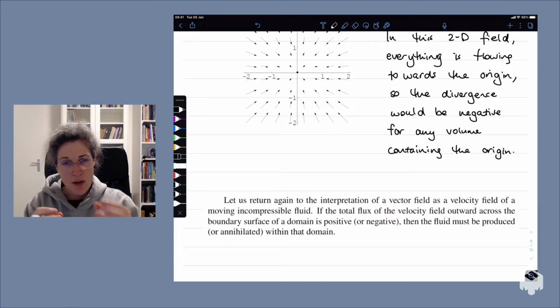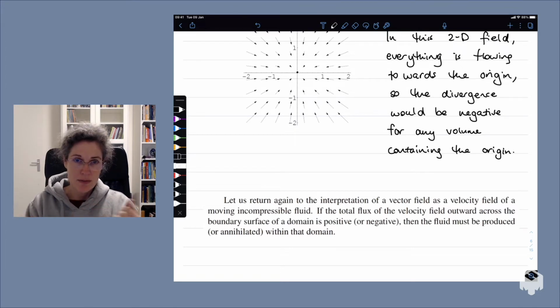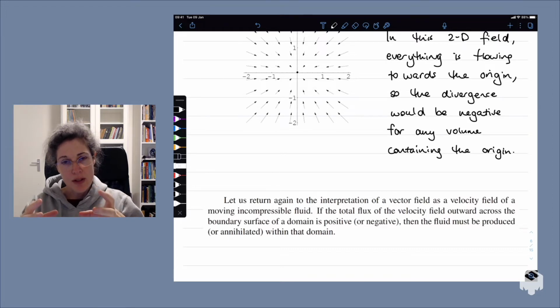On the other hand, if we look at a particular region and we see that the divergence is negative, then we know that stuff is being annihilated there. And if our divergence is 0, it just means whatever goes in comes out. Okay, so that's the intuition that you want to have for divergence. It's measuring sources and sinks of whatever your vector field is.